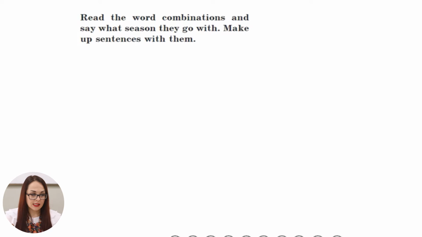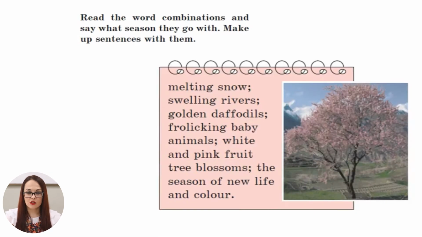So the next season is spring, correct. Melting snow, swelling rivers, golden daffodils, frolicking baby animals, white and pink fruit tree blossoms.